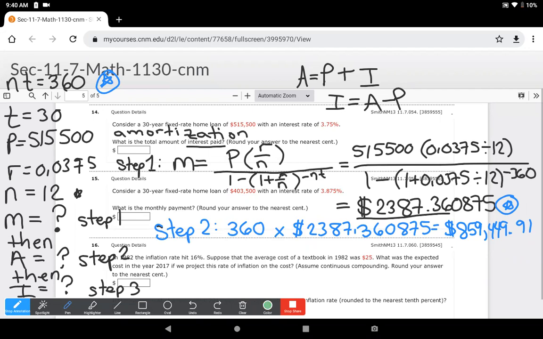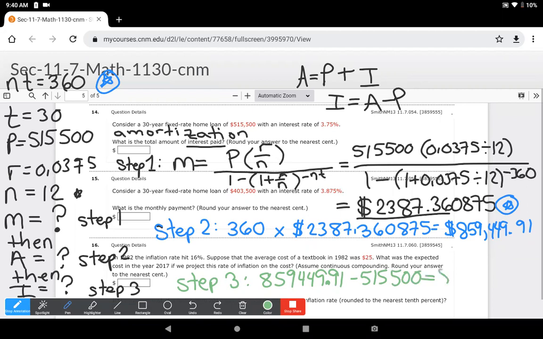Finally, we can answer the question, what is the total amount of interest? So step 3, we'll take the amount we're actually paying and then we'll take away the amount of the house, the purchase price or the financing that we did.